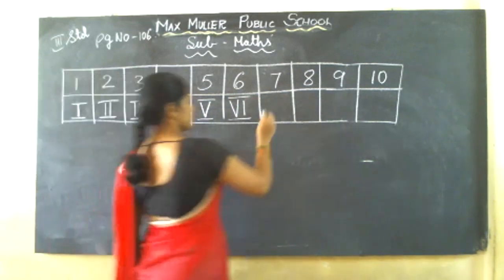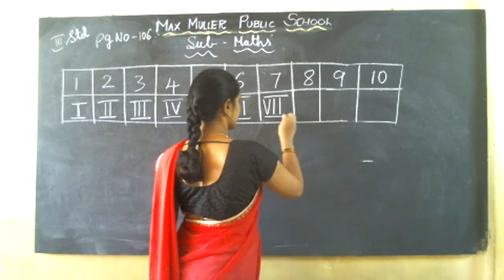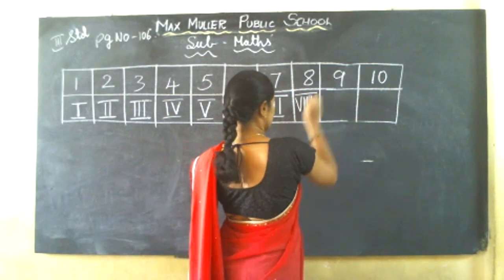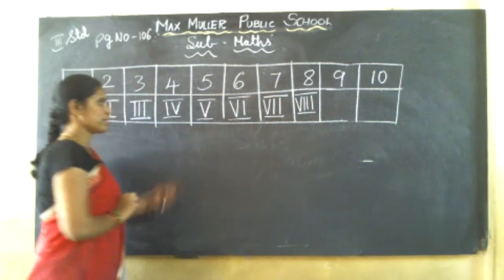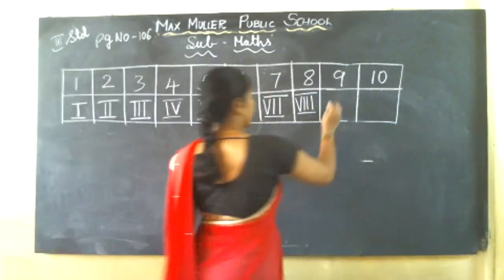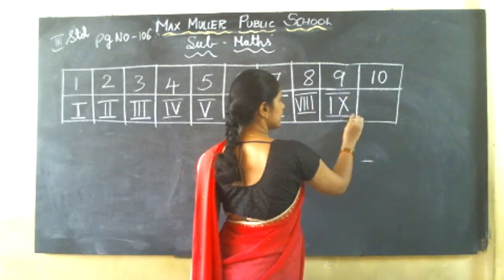Next VII, 2 lines. Then VIII, 3 lines. So this is 8. So copy down fast. IX. IX is what? 9.